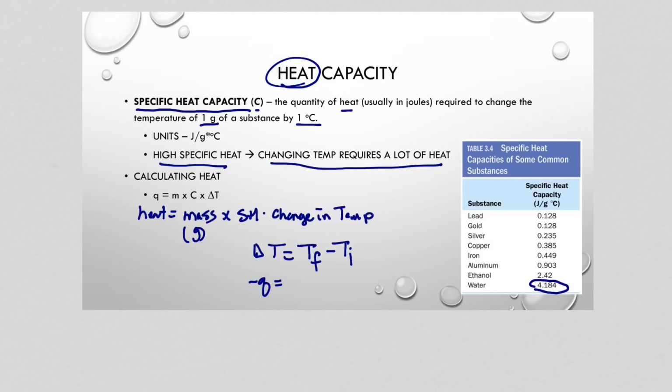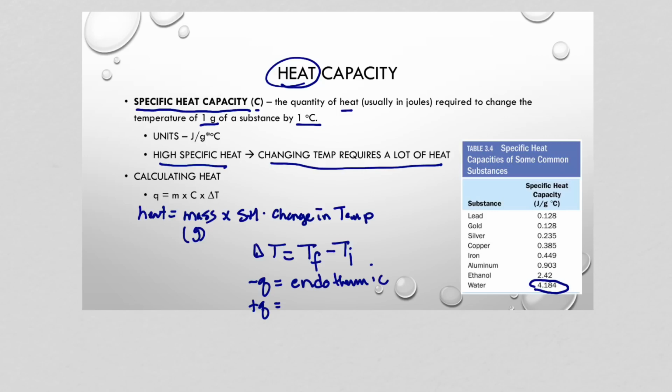So a negative Q indicates a cooling down, an exothermic process, so it's losing heat, whereas a positive Q is temperatures going up.